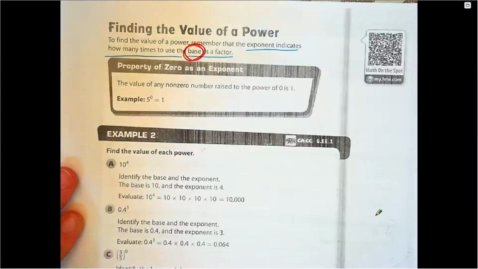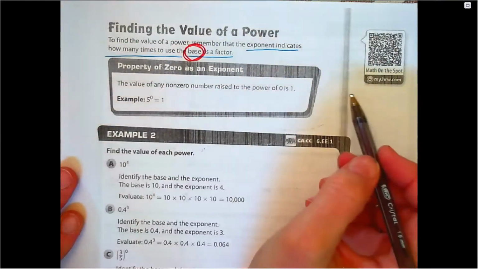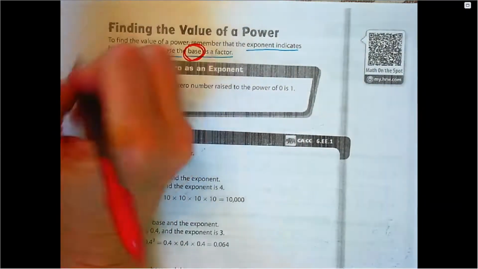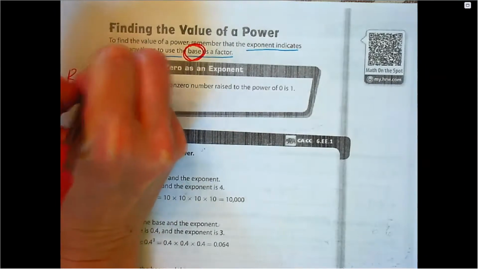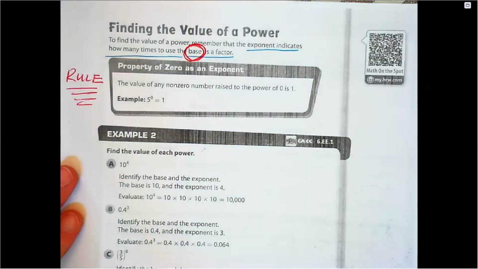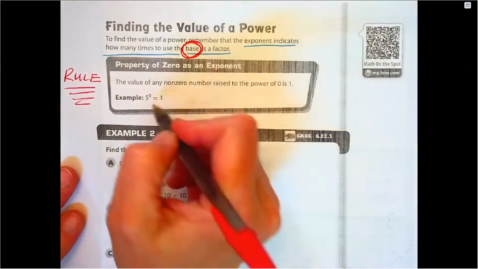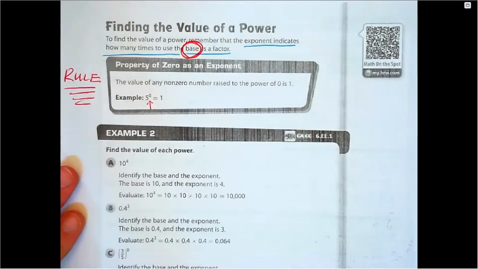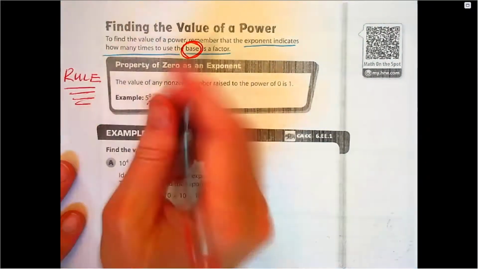All right, so let's finish these last 2 examples. So this is a rule that you need to know, and I will try and trick you with this. Anything to the 0 power is always 1.